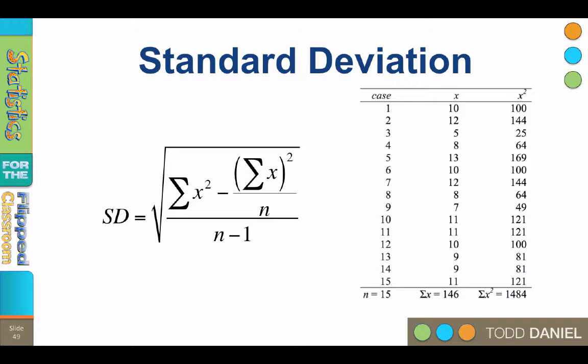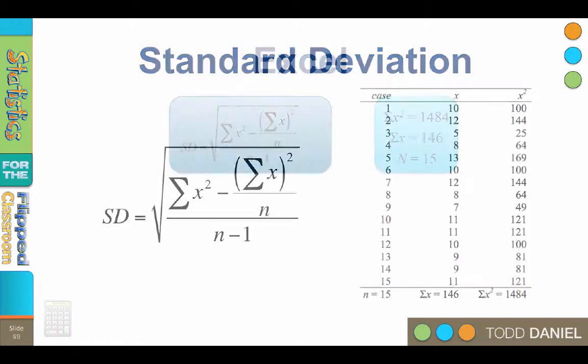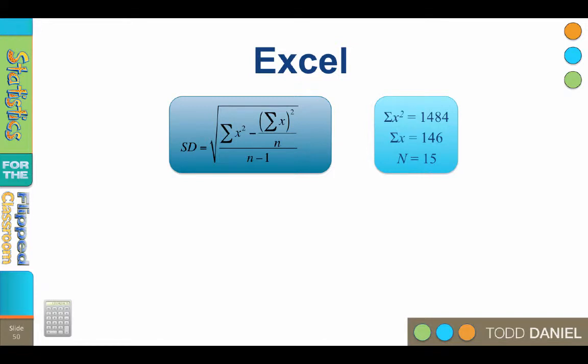To get the sum of x squared, first we would square each of the previous x values, then add up the squared values. The letter n stands for sample size, or the total number of x values. Once we have calculated the needed values, we would plug them into the blank formula.